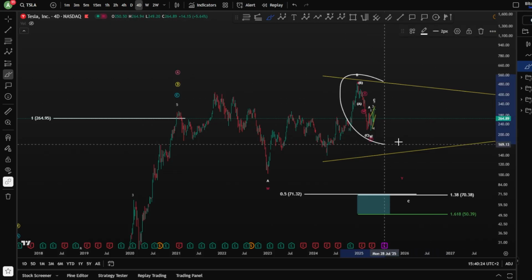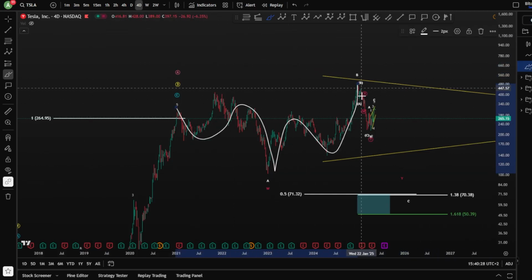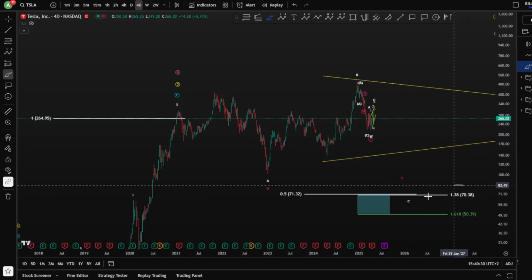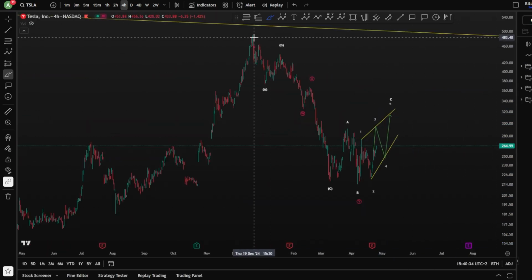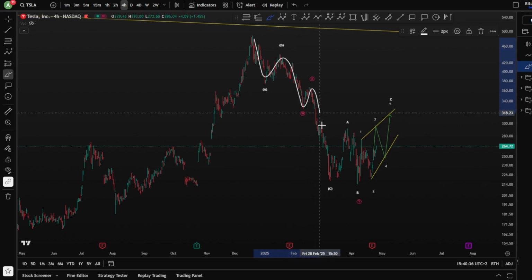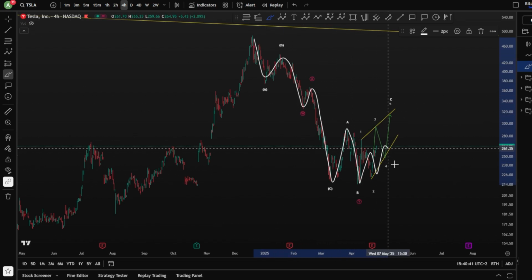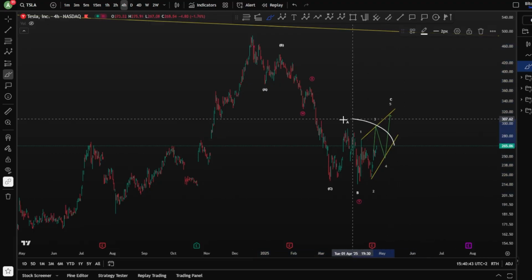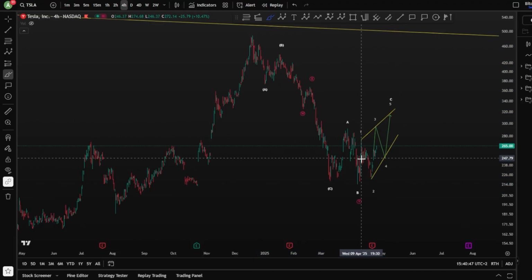Now, inside this area here, where we are looking for 3 waves down, 3 waves up, potential impulse for a wave C, which we are currently in, you see here potential 1, 2, and then 1, 2, 3, and you might be in a 4 and a 5, and potentially another 4 and a 5. However, this area right now is showing several potential scenarios.